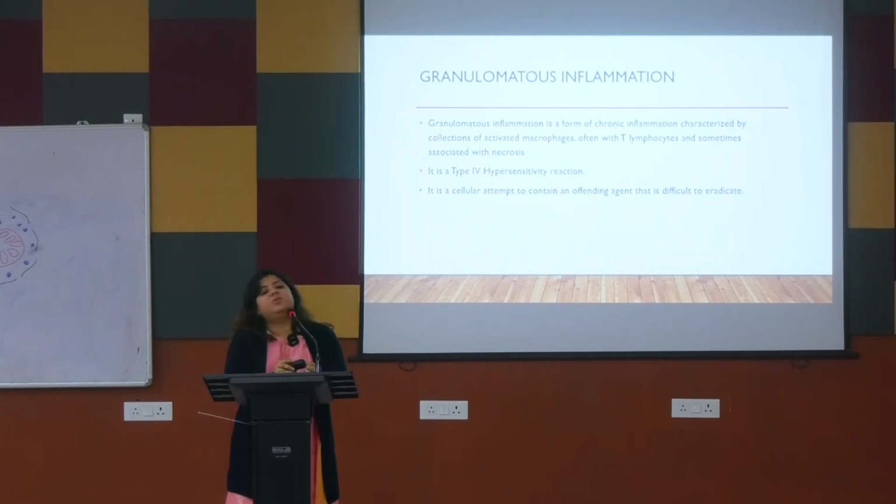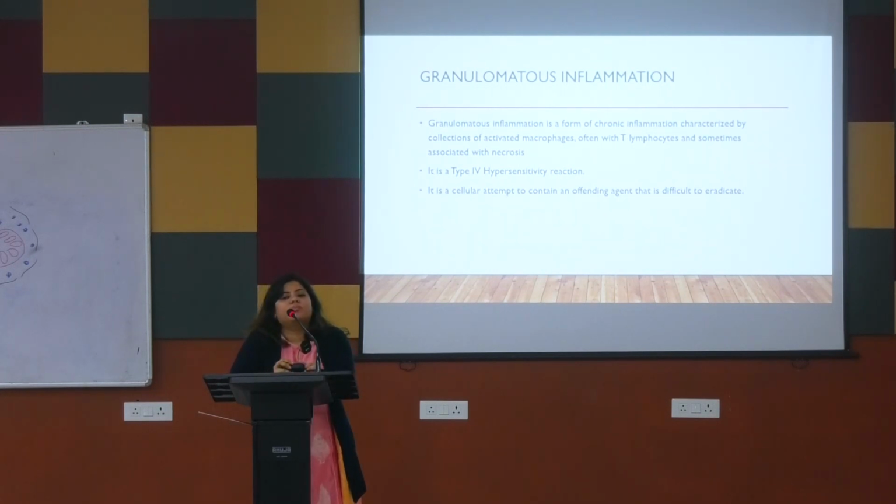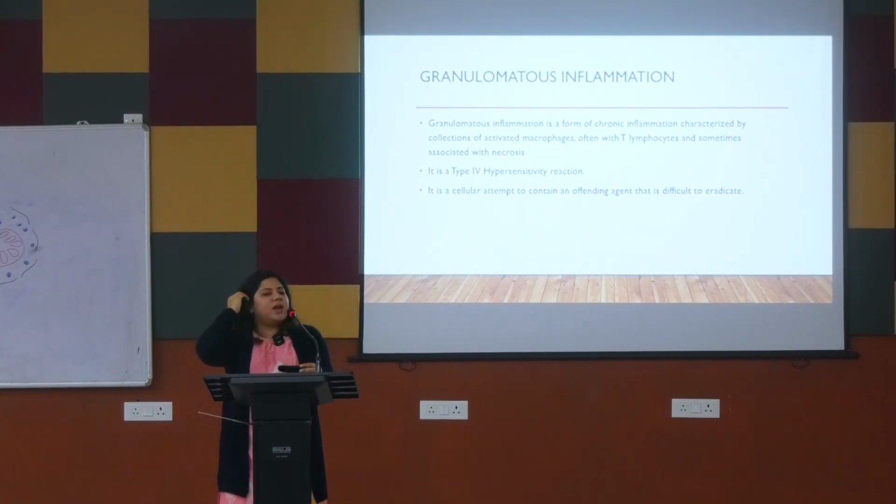Foreign body giant cells will be found in foreign body reactions. When a foreign body enters, the body does not mount an immune reaction, meaning no T cells are involved in that kind of reaction. The body is just trying to contain that foreign body. So there is foreign body type of granuloma formation.